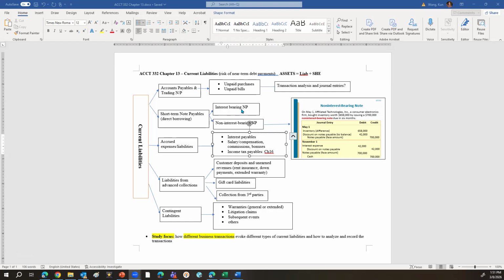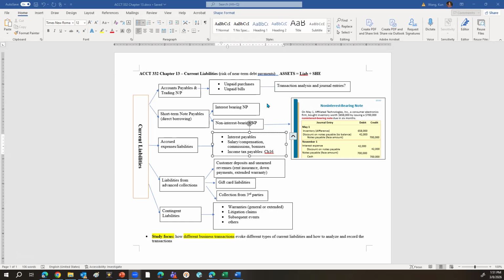And then the transactions related to payment of the note and also the payment of the interest upon the maturity time. The book has examples: signing the notes, accruing interest, and making payments upon the maturity time.